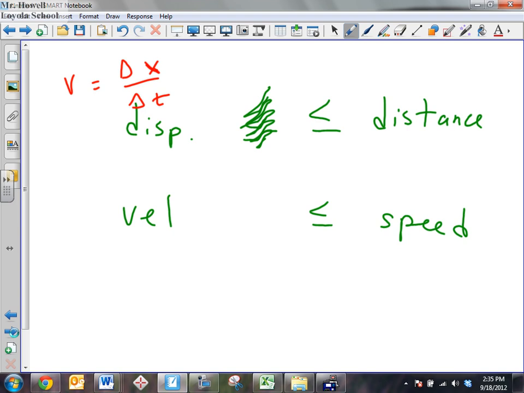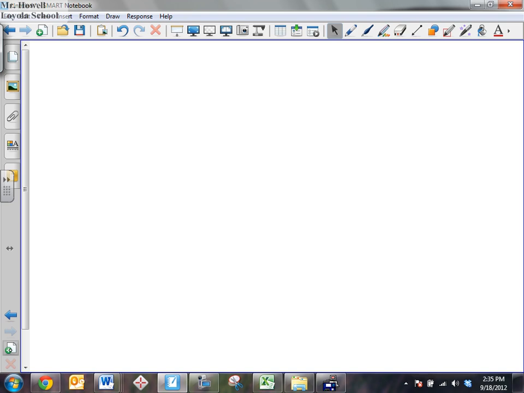So during a race on level ground, Jamie runs with an average velocity of 6.02 meters per second east.